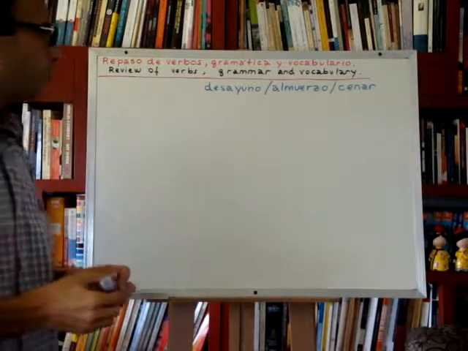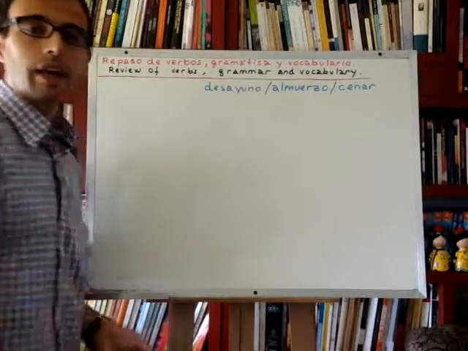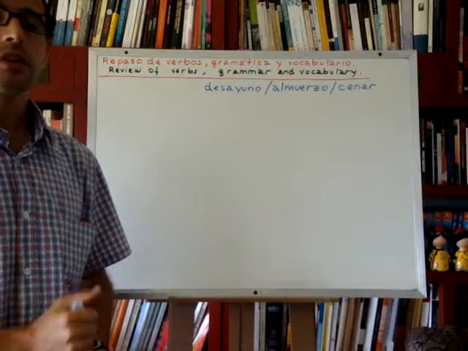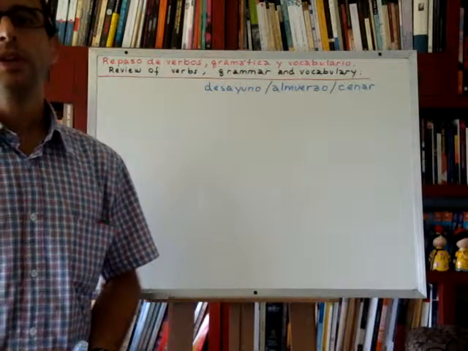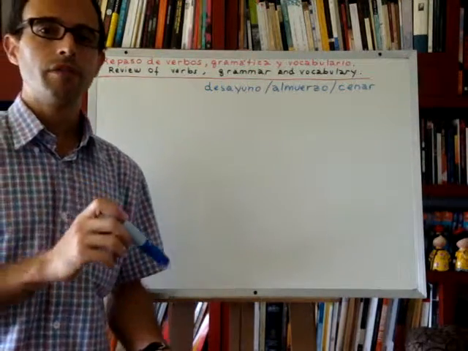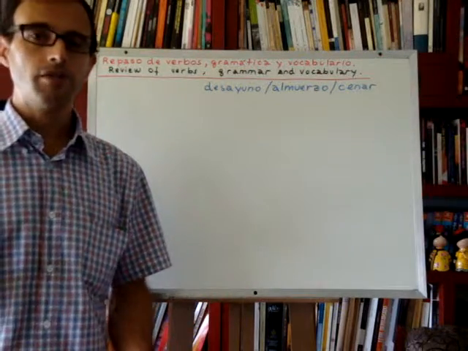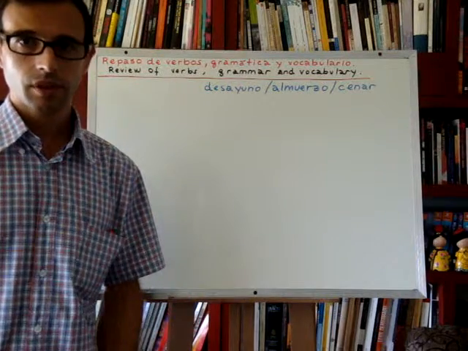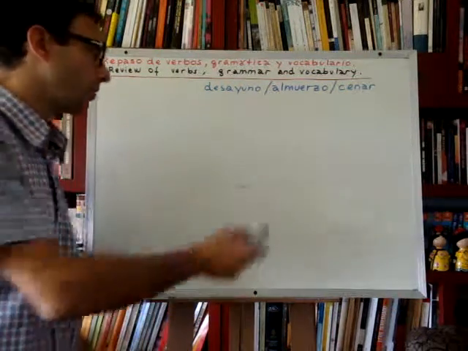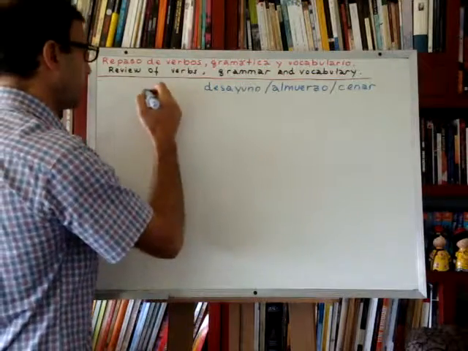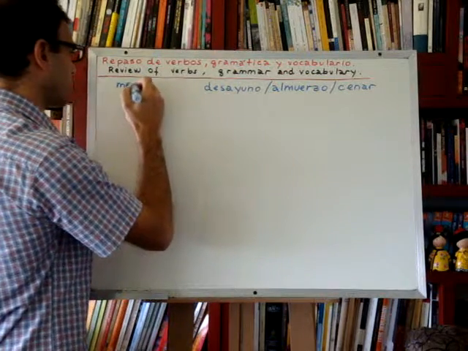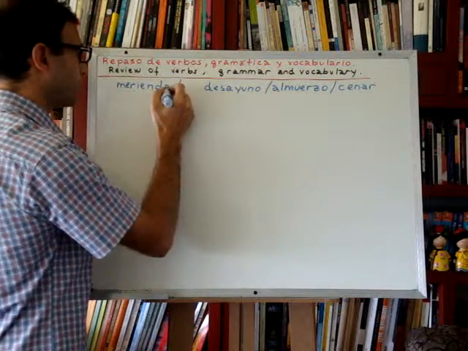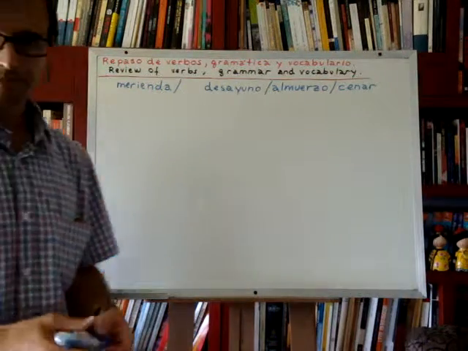So, these words, these nouns, can also become verbs. So, when we say in Spanish to have breakfast, or to have lunch, or to have dinner, or to have tea, although the word for tea would be merienda, this is our afternoon snack, okay? Merienda.